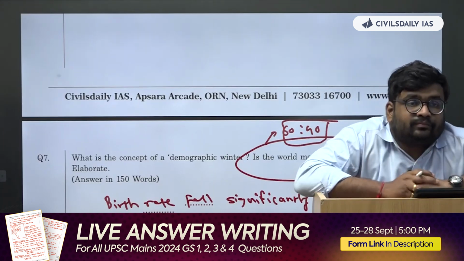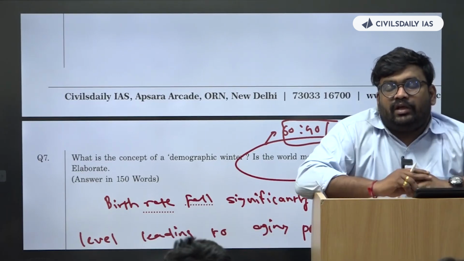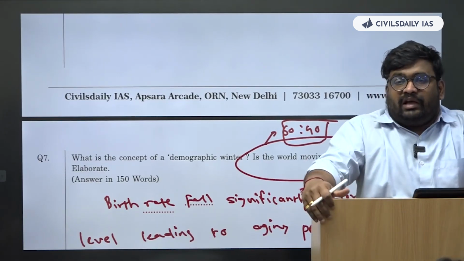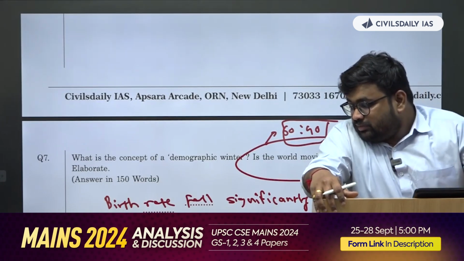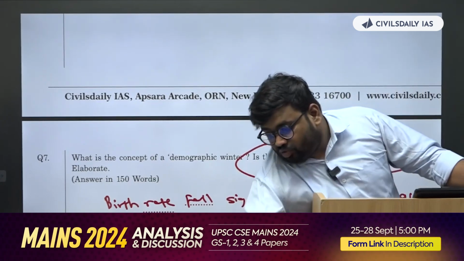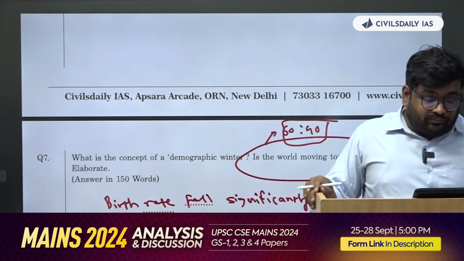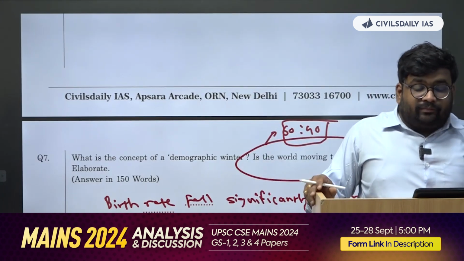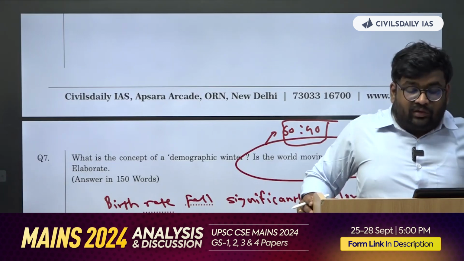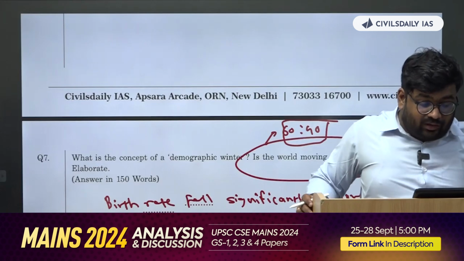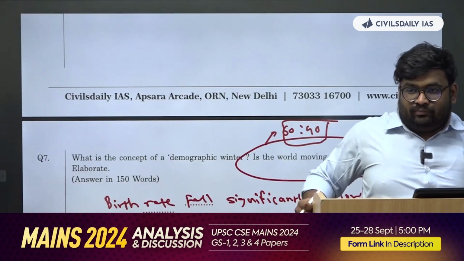However, TFR is above replacement level in areas such as, and under it you write 2 points. In African countries like Nigeria, Ethiopia, TFR is above 4.